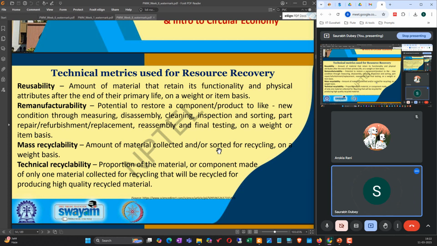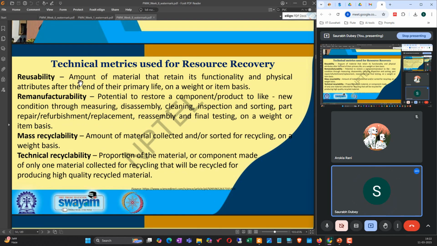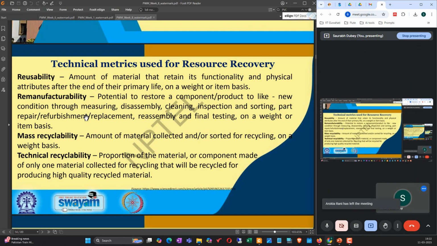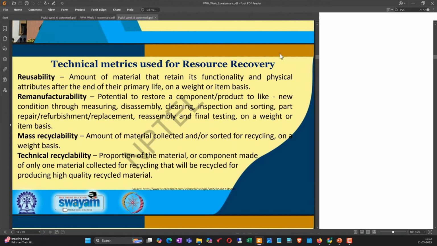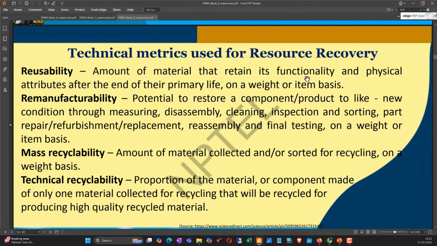So this slide becomes important for the exams. There could be a match-the-column kind of question, where a short definition of each will be given. For example, reusability is the amount of material that retains its functionality and physical attributes after the end of its primary life, for resource recovery.